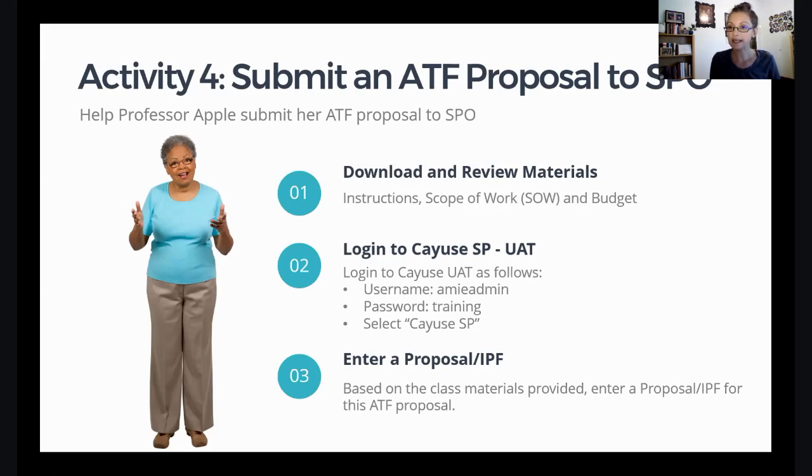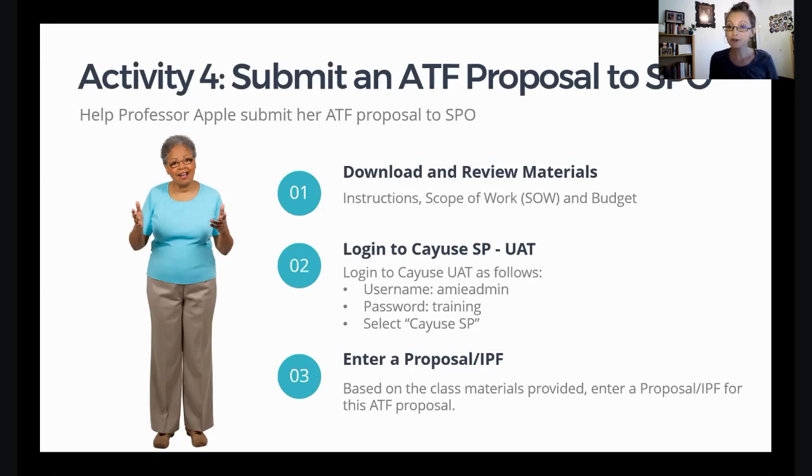And you're going to go to the link I just put in your chat box. It's our test environment, and everyone's going to log in as the same person. Our username is AmyAdmin, A-M-Y-A-D-M-I-N, and our password is going to be training, all lowercase.